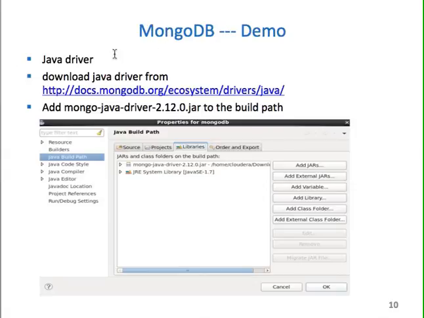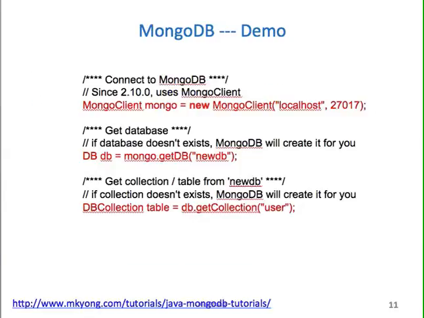There's a Java driver for MongoDB, and it can be downloaded from this following link. To use that Java driver, you can add the Java driver to the build path, and then you use MongoClient to get a connection to MongoDB, and you specify the server address and the port here.